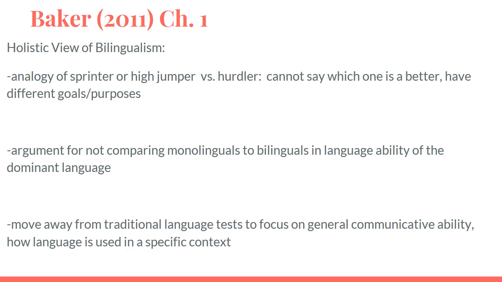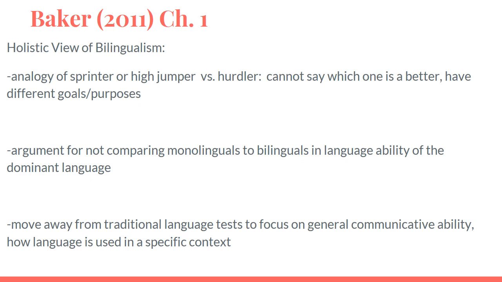Moreover, Baker talks about how the holistic view also moves away from traditional language tests that just focus on reading comprehension or vocabulary knowledge or fill-in-the-blank grammar or fill-in-the-blank word substitution tests that have often been given as standardized tests.